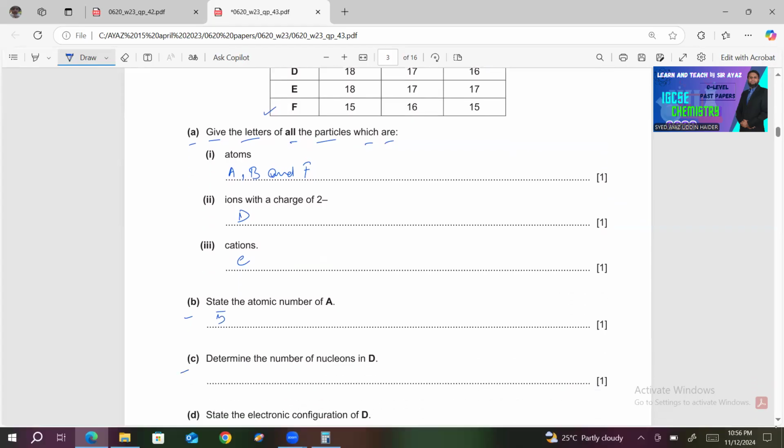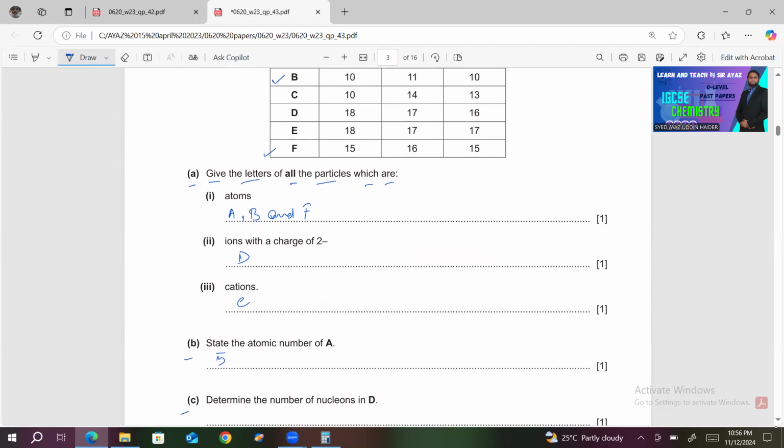Part C, determine the number of nucleons in D. Number of nucleons is also known as nucleon number. And when we talk about nucleon number, you have to add protons and neutrons.